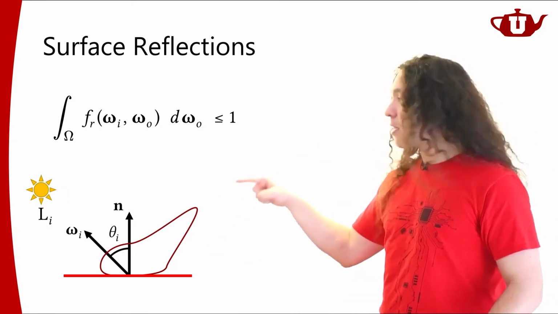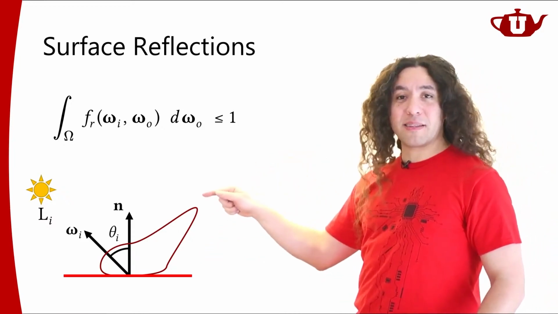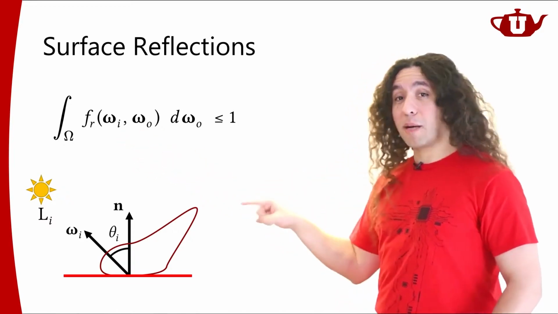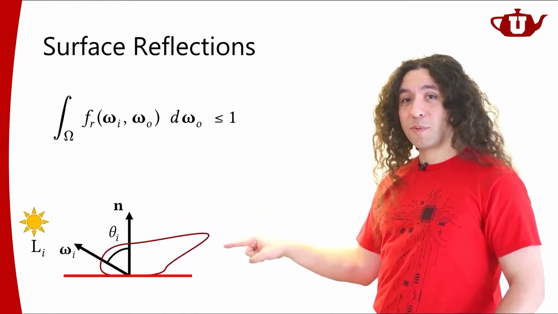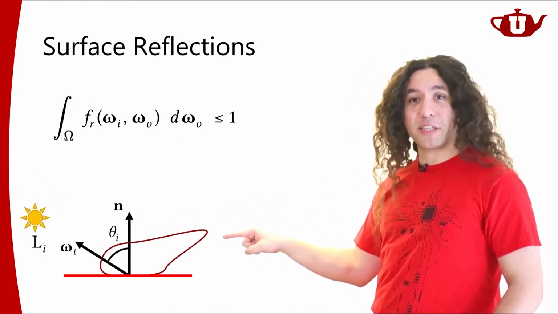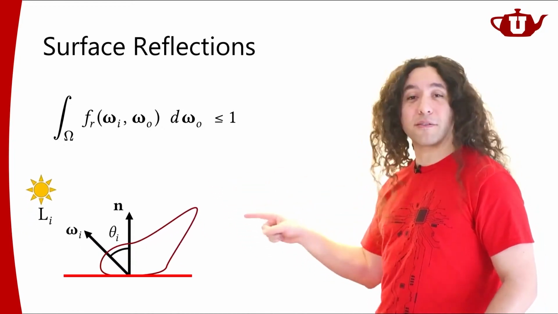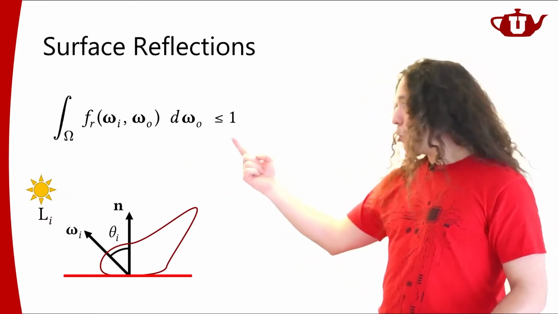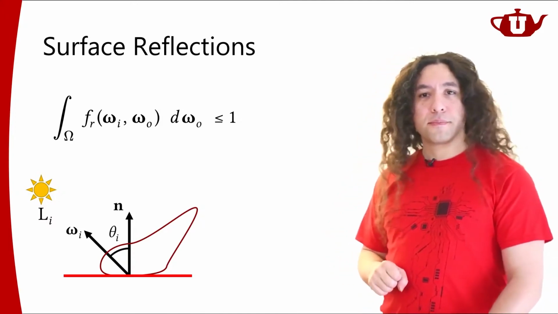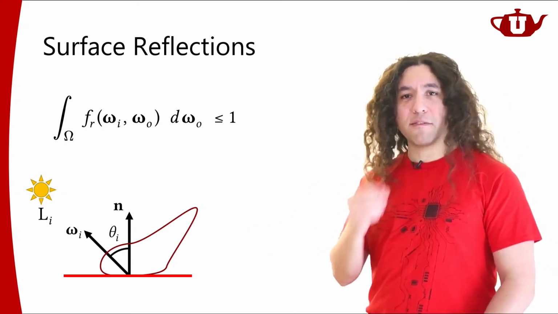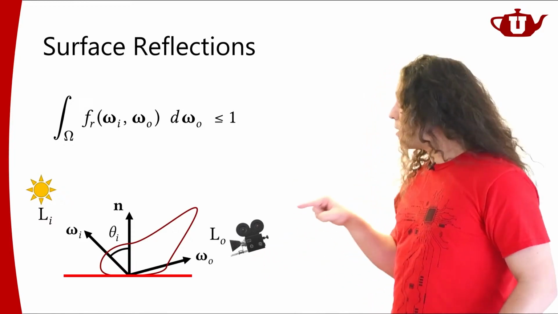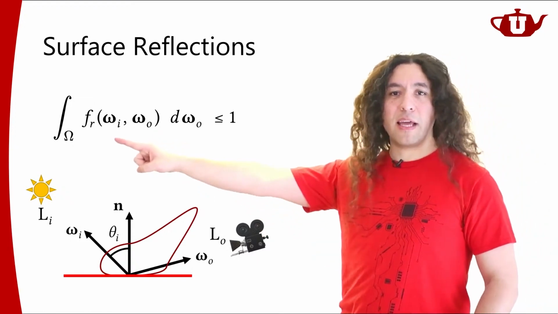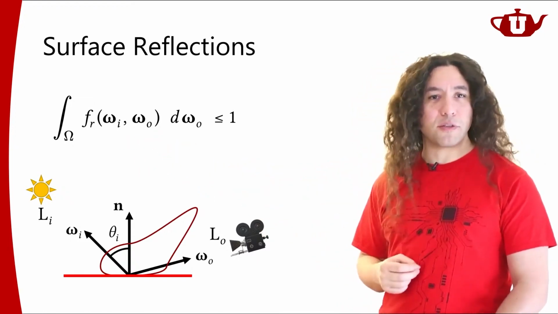This is a particular shape that belongs to a particular incoming direction omega I. If I change the incoming direction, this function will look a little bit different. So it's just one cross section of this function that takes two directions as input. What we want is a single value of this function for the particular directions that we're looking at: a given incoming direction and an outgoing direction. That's what we are interested in.